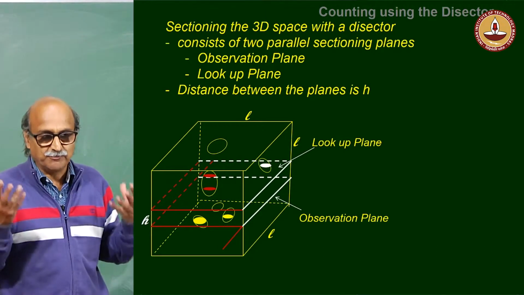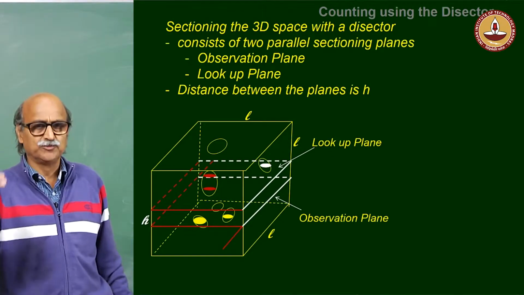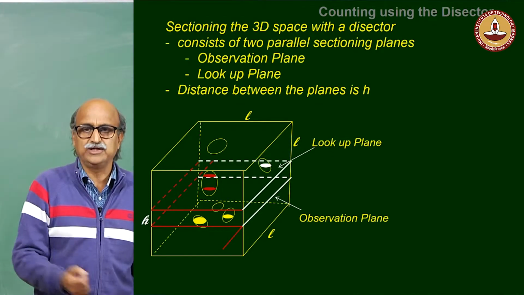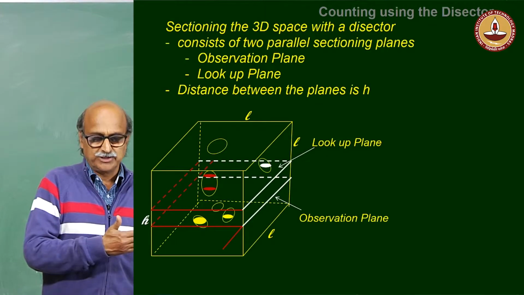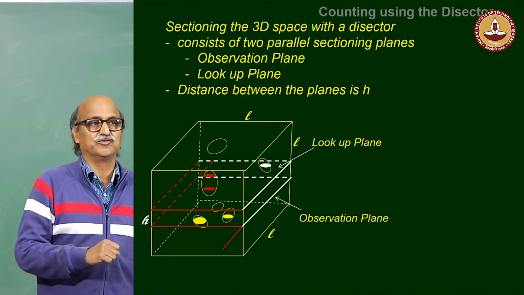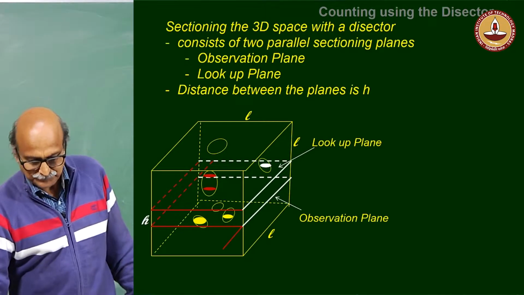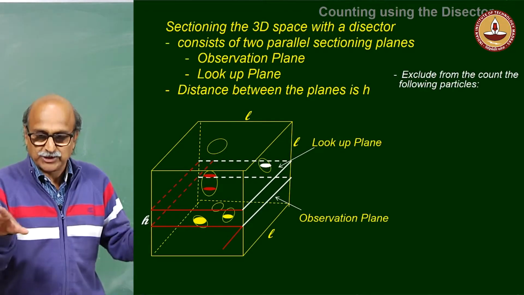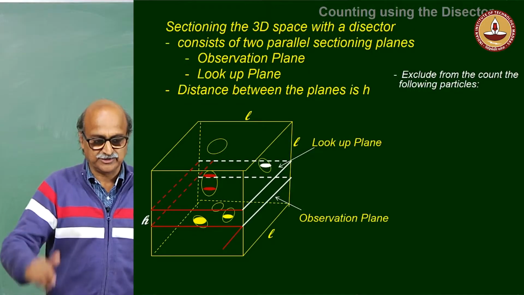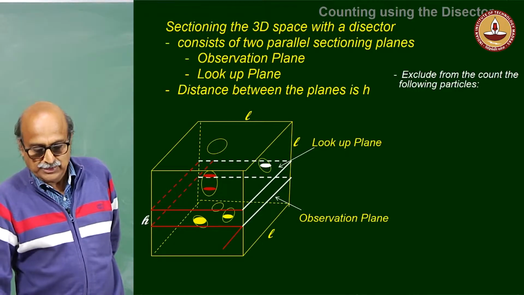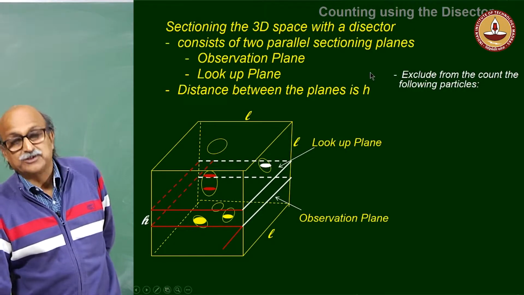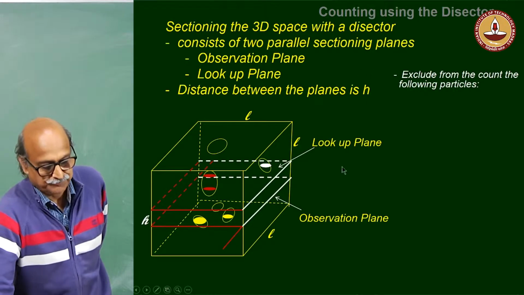So, we must have some technique by which we should be able to estimate accurately how much material is removed, so that we get the distance between the 2 planes. We will look at the methodology later, how to get h. First, let us look at the methodology of the count.